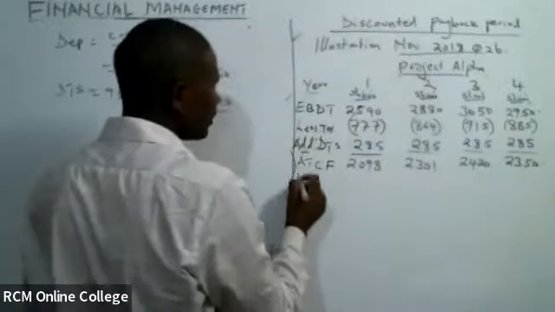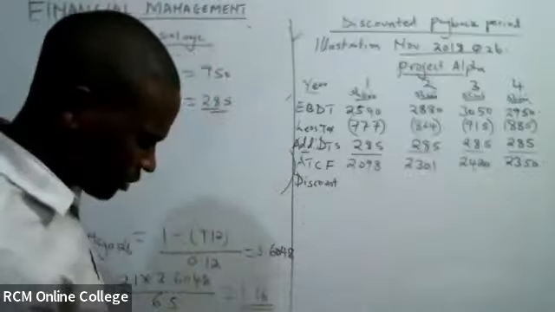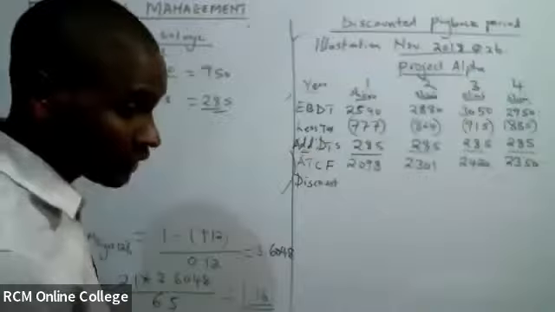Now we discount. What is the discount rate? We were given 12% cost of capital.